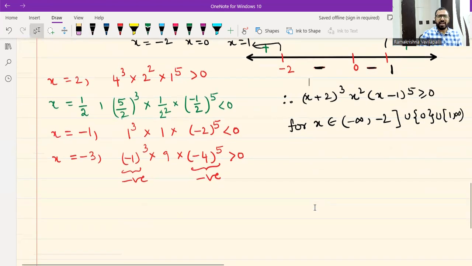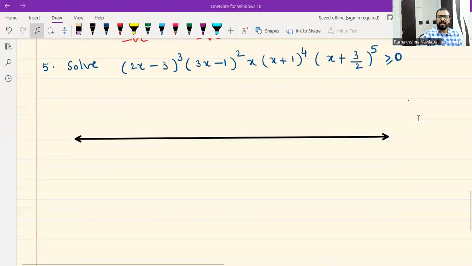So I'll write an example so that you can understand now. Here is another example. Now we do not substitute any real number. Now you see, this expression is 0 when x equal to minus 3 by 2. So minus 3 by 2 means here you write minus 3 by 2.